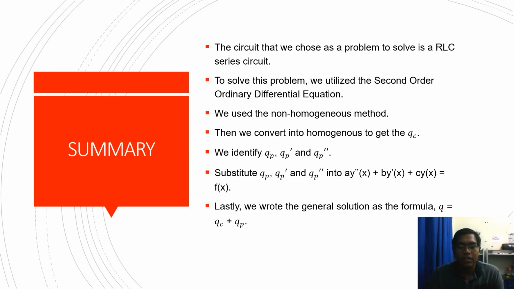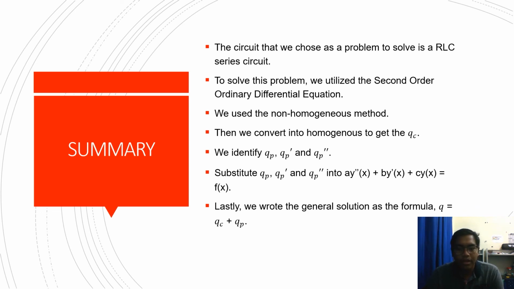Okay, now I will present the discussion. First is the summary of the project. The circuit that we chose as a problem to solve is an RLC series circuit. To solve this problem, we utilize the second order ordinary differential equation. We use the non-homogeneous method, then we convert into homogeneous to get the Qc. Then we identify Qp, Qp prime, and Qp double prime.